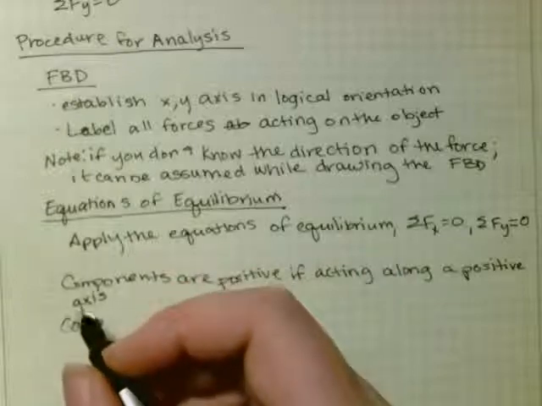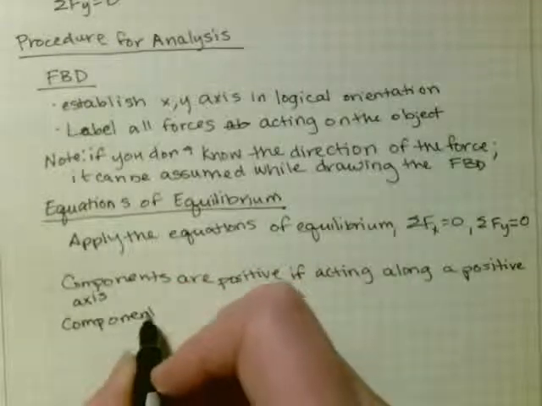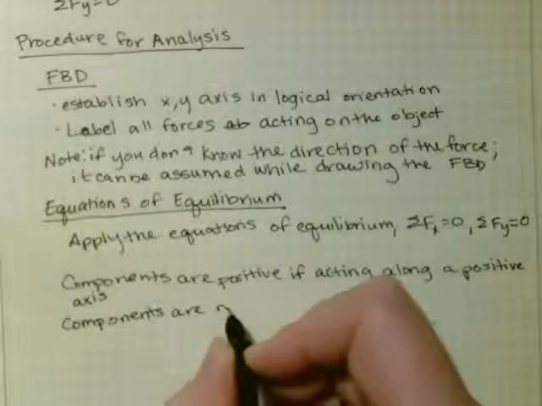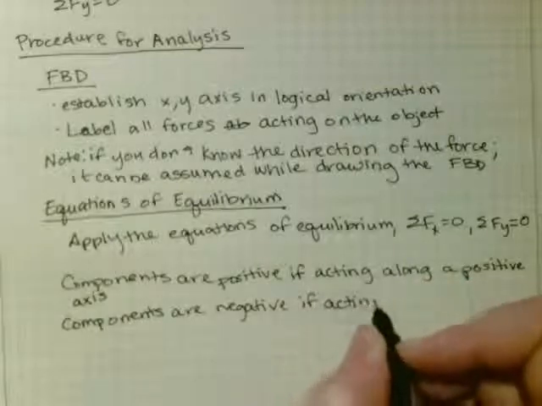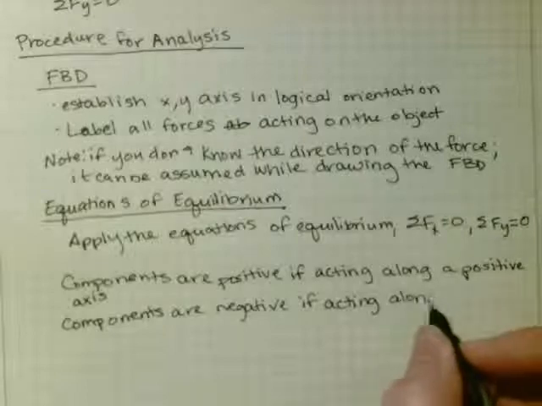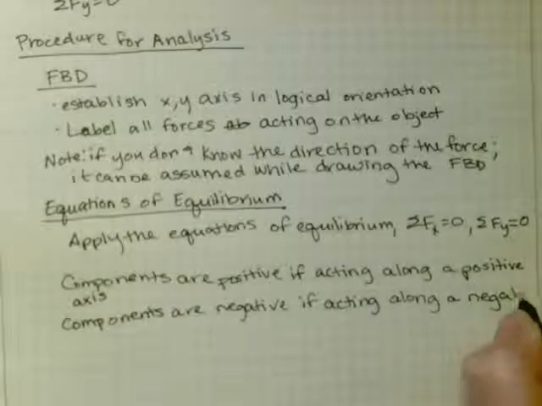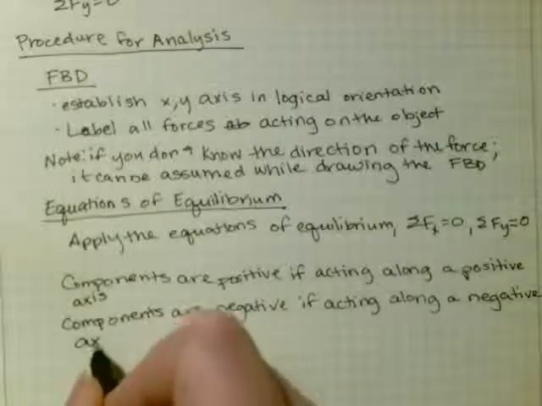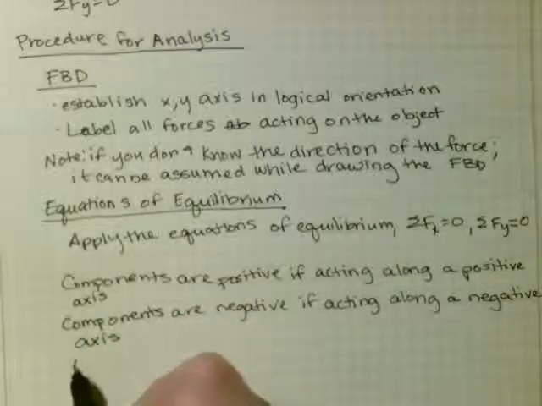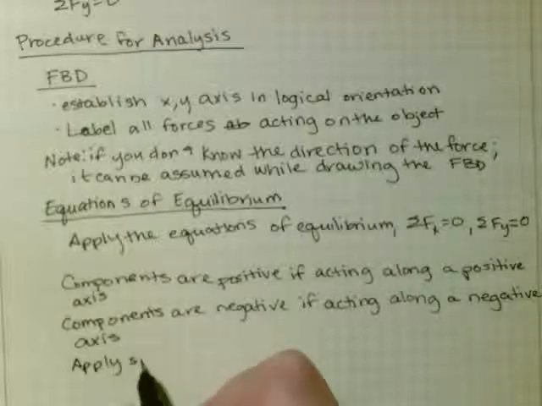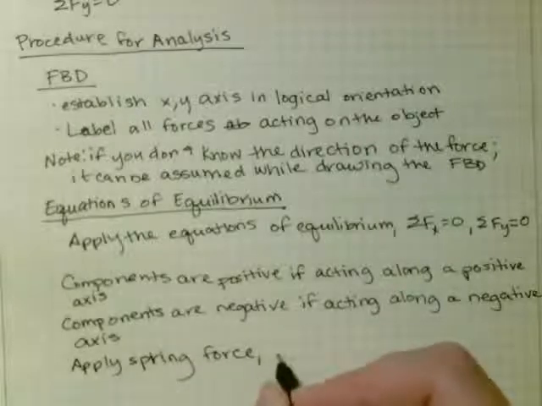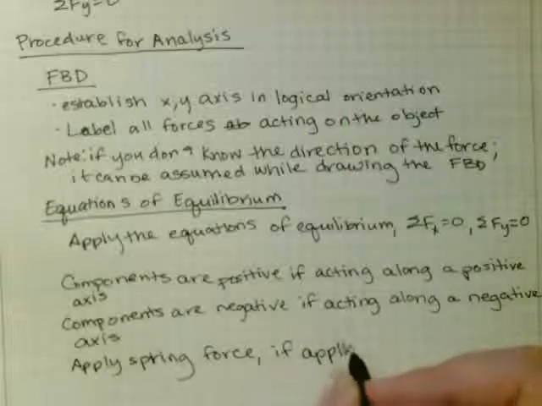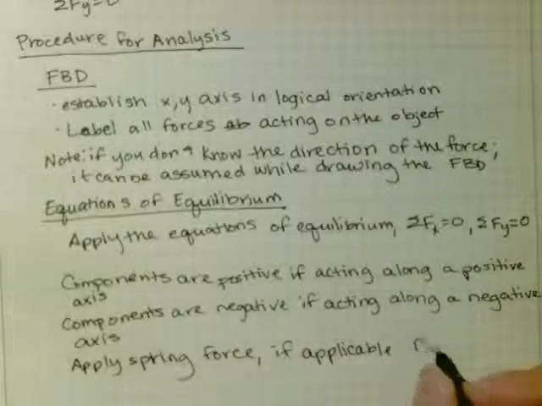Components are negative if they act along a negative axis. Apply your spring forces if applicable: F is equal to ks.